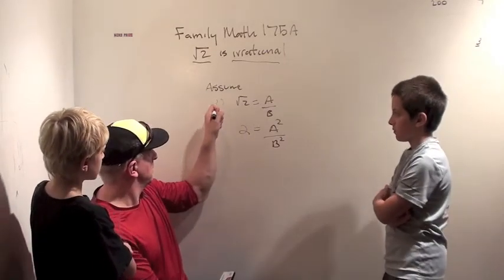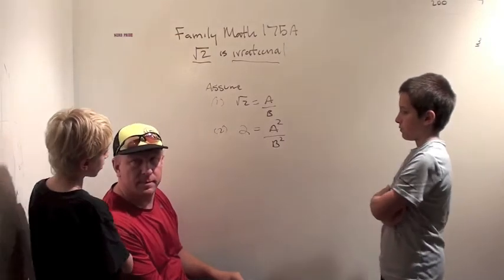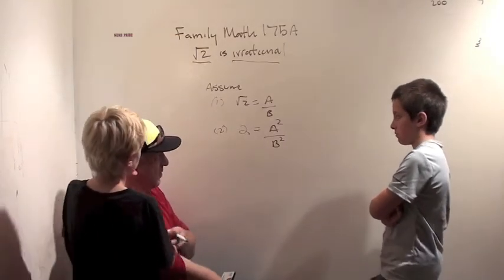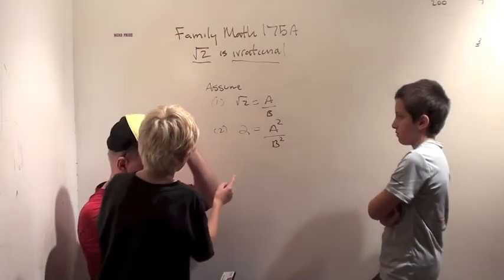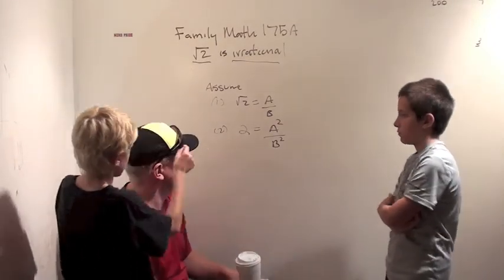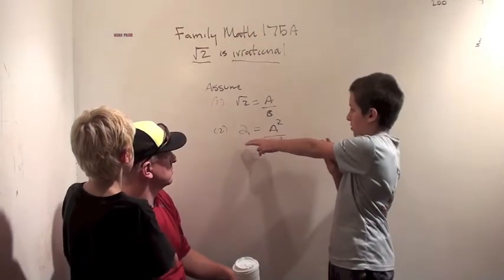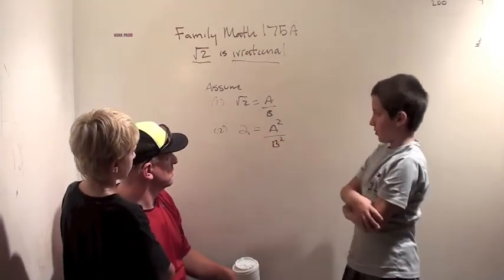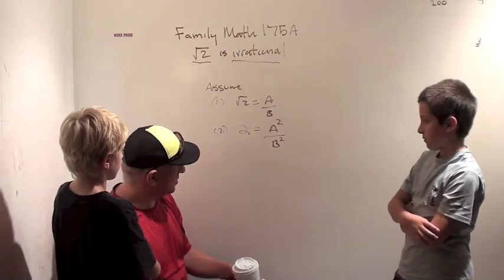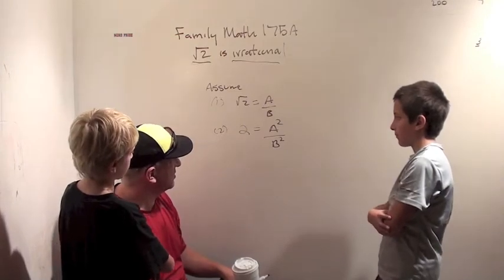I think some part of this proof is where I find out that something is odd. Well, you could subtract a 2 from both sides or divide by 2, but that doesn't really simplify this as much as we would like.